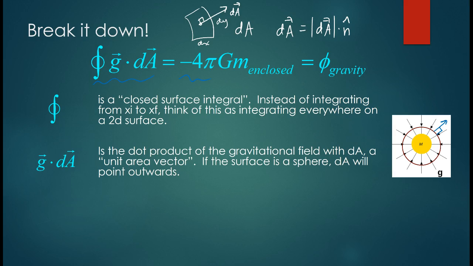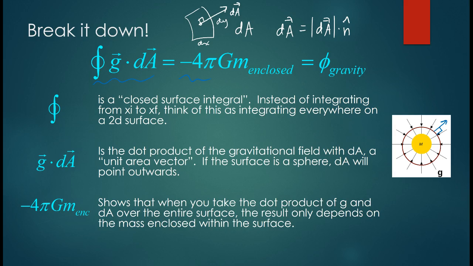So we'll get a negative sign from that dot product. And negative 4 pi G times the mass enclosed is a constant, but it shows that when you take the dot product of G and dA over the entire surface, the result only depends on the mass enclosed within that surface.